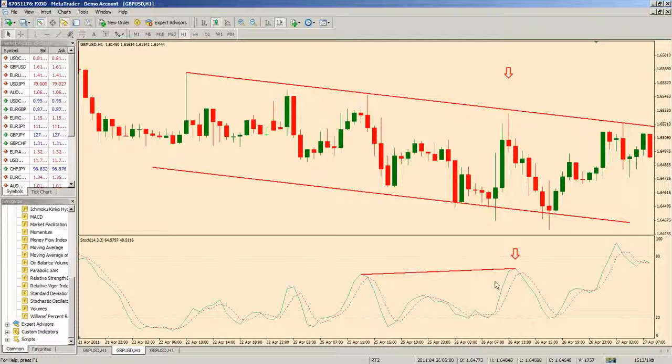I really don't want to go into that if you're not aware of what it is. It's a little bit more rare and more complicated. But basically, if you have lower highs in the price and higher highs in the oscillator, that's called hidden divergence and a possibility for a continuation of the downtrend. So I've got some divergence there.